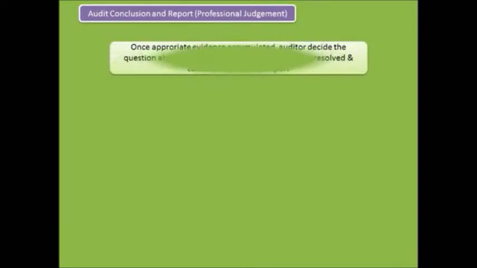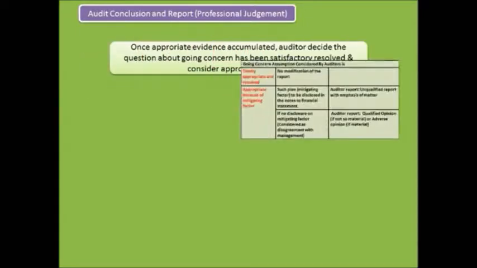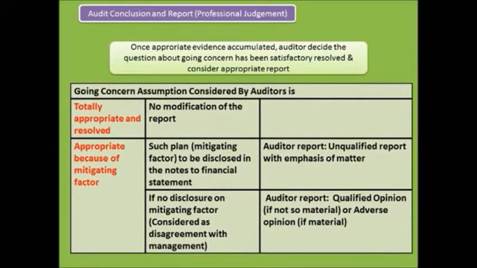For audit conclusion and report, once the appropriate evidence is accumulated, the auditor decides whether the question about going concern has been satisfactorily resolved and considers the appropriate report. The table shows the going concern assumption considered by auditors. The table shows another going concern assumption considered by auditors.